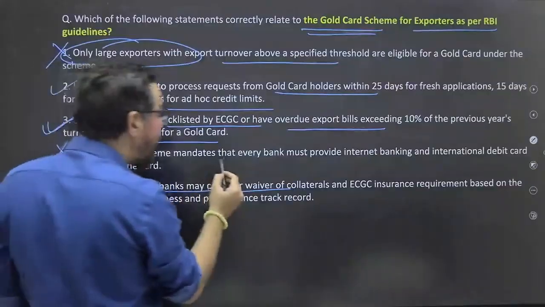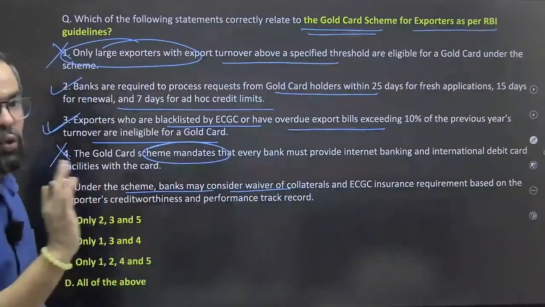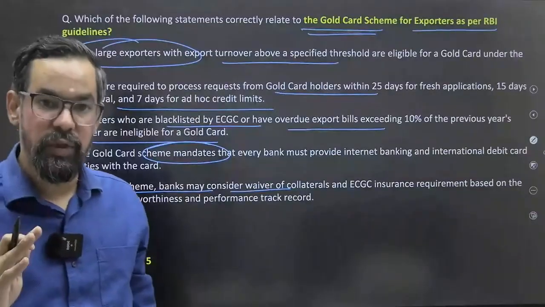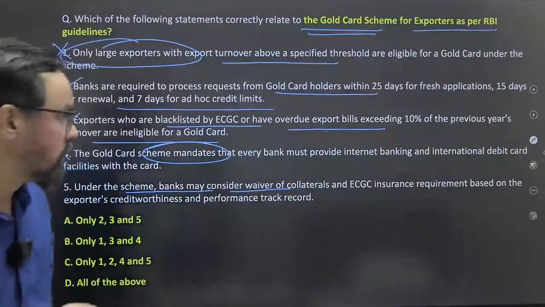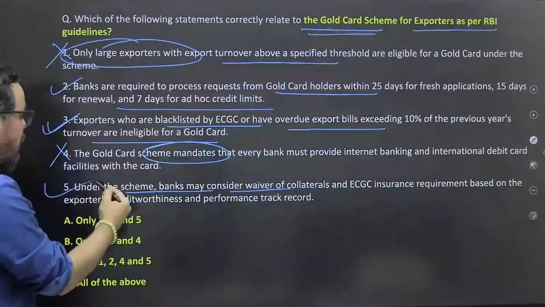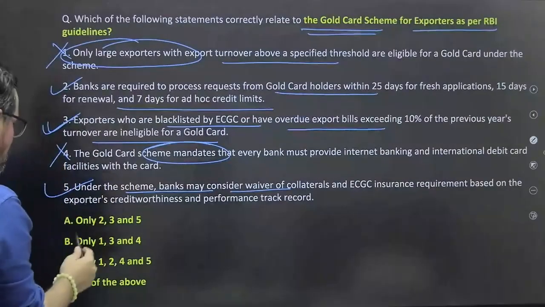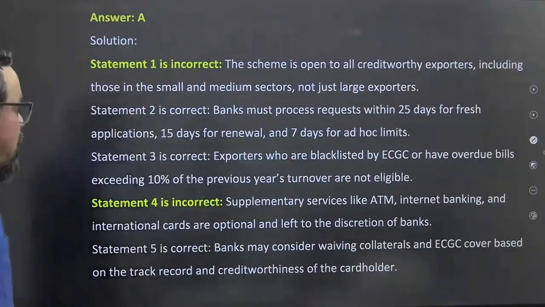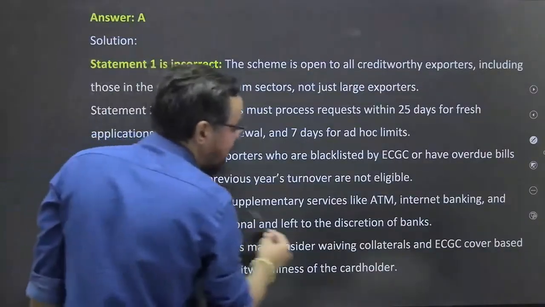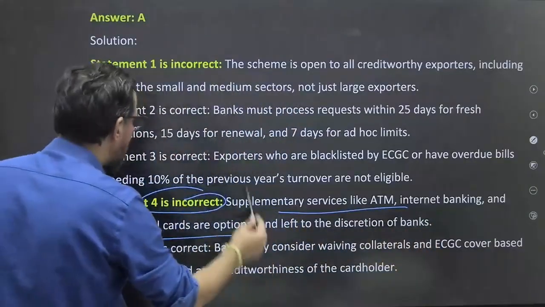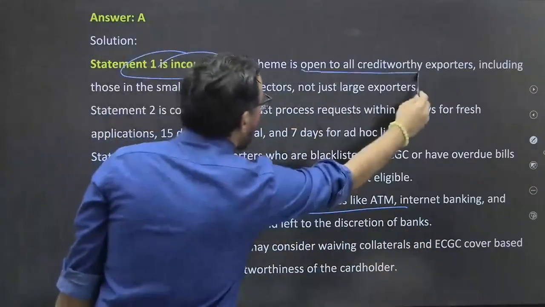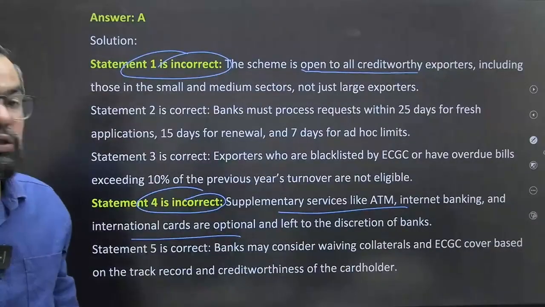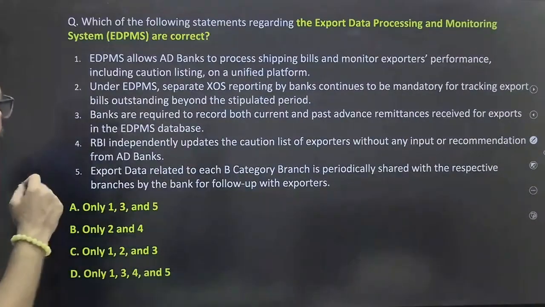Gold card scheme mandate, there is no mandate, ठीक है. But nowadays banks generally provide add-on services to their customers, so they can attract more and more customers, right? But there is no mandate, and this is correct, ठीक है. So 2, 3, 5 means option A must be the right answer for this particular one. Correct? Yes. So supplementary services like ATM, internet banking and all, there is no mandate. And the scheme is open for all credit worthy exporters, including those in small medium sectors, not just the large ones. ठीक है, चलो आगे बढ़ते हैं.